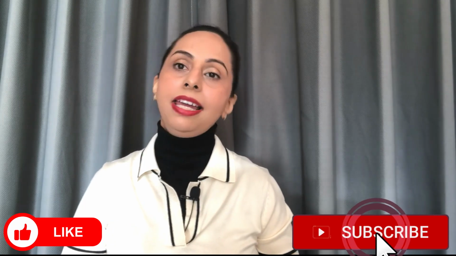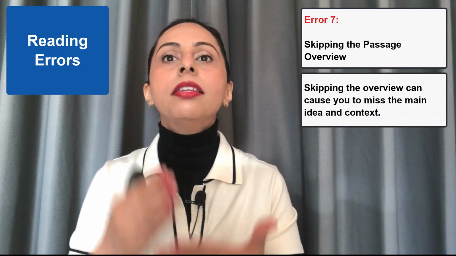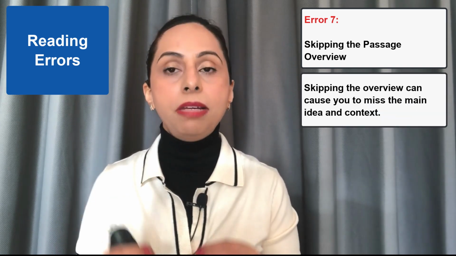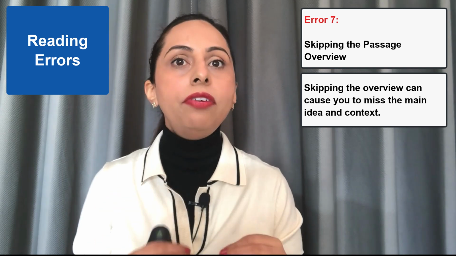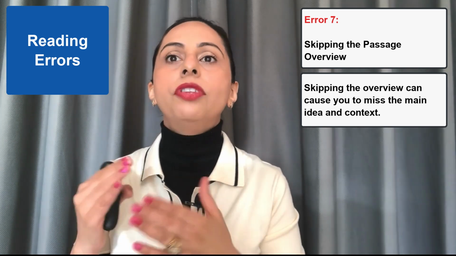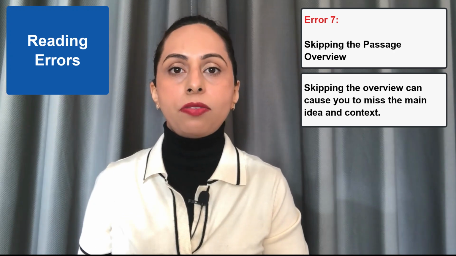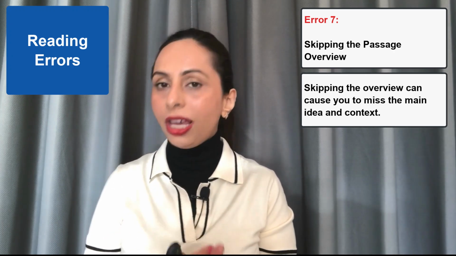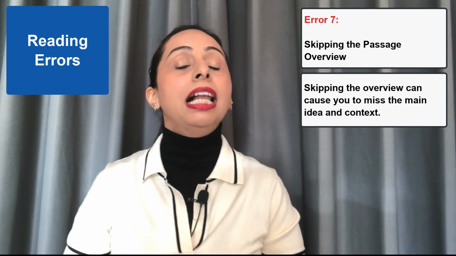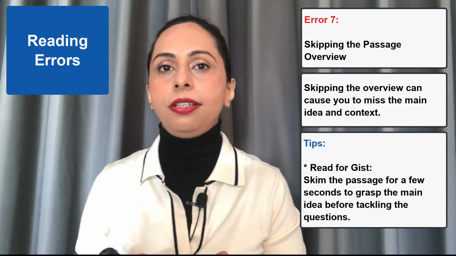Now we'll look at the errors in reading. Skipping the passage overview. So skipping the overview can cause you to miss the main idea and context. The overview gives you a sense of the passage's main idea, tone, and purpose, which is essential for understanding the content and answering questions correctly. I'll give you some tips regarding this. Read for gist.